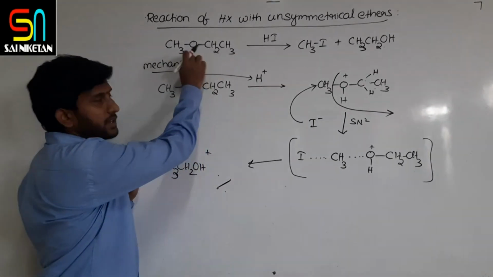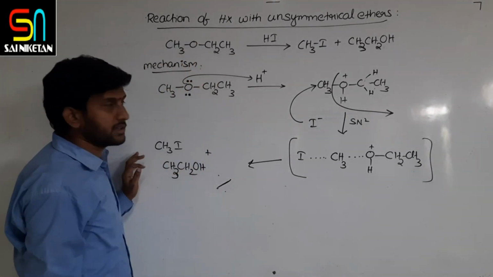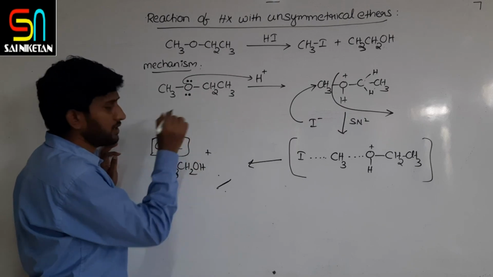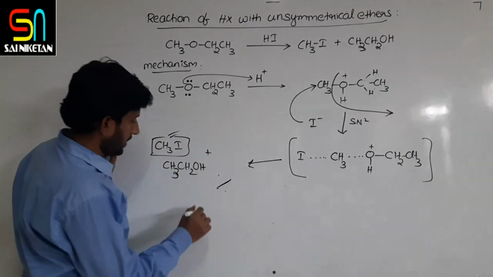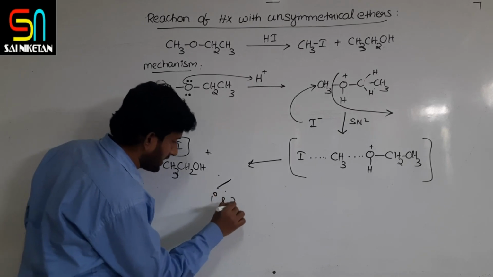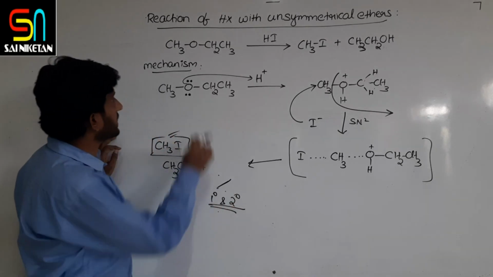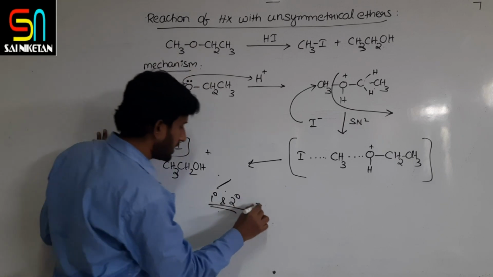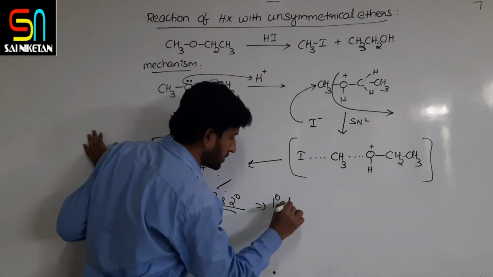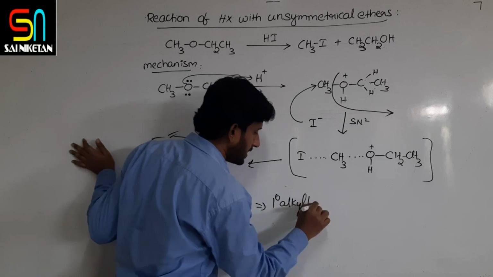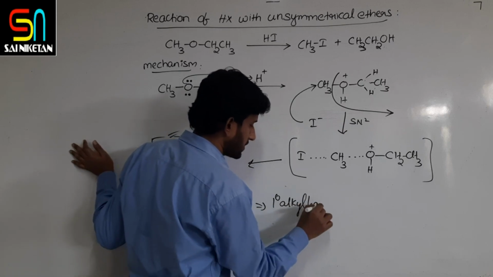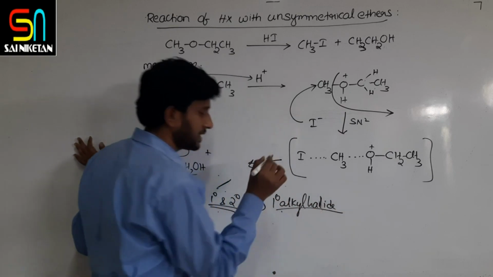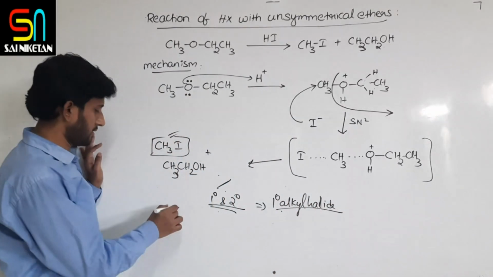So if you take two different alkyl groups, the smaller alkyl group is converted into halide. If you take primary and secondary alkyl groups, then the primary alkyl group is converted to alkyl halide. Okay, so that is reaction with HI.